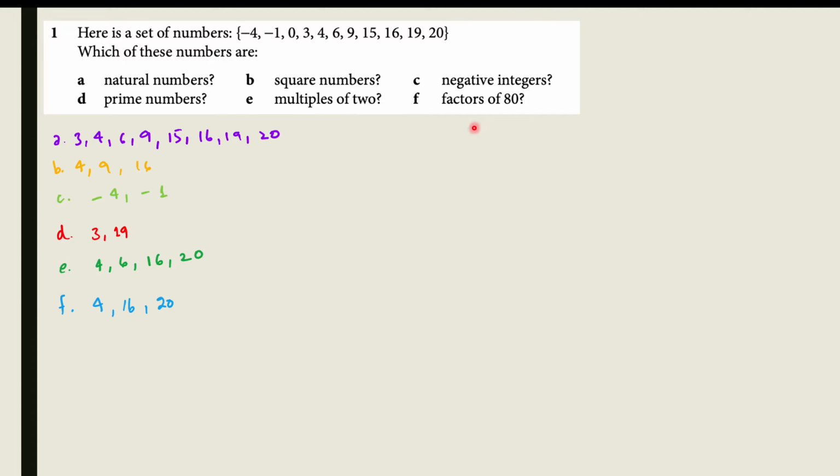The last part of the question asks about the factors of 80. A factor of a number is a number that divides that number exactly without leaving any remainder. So factors of 80 means numbers that divide 80 completely without leaving a remainder. So in the list, those numbers are 4, 16, and 20.